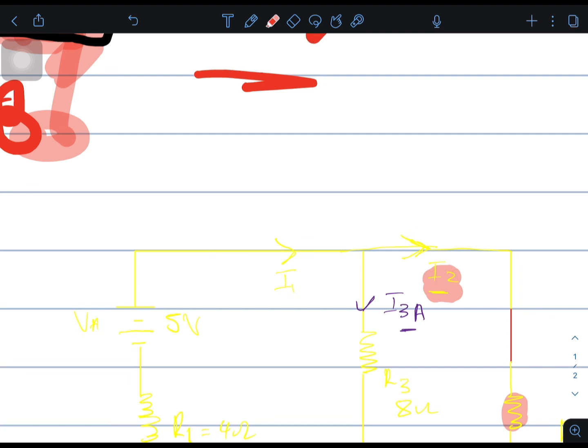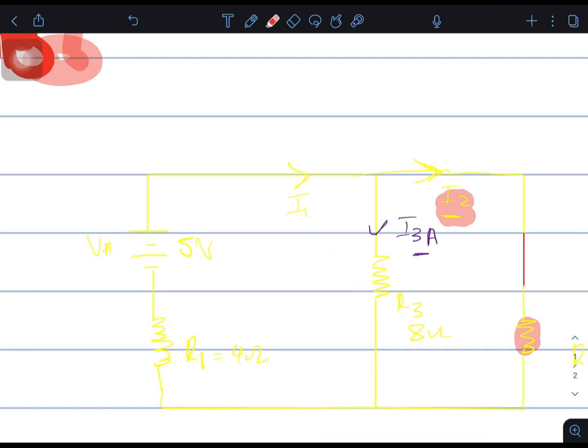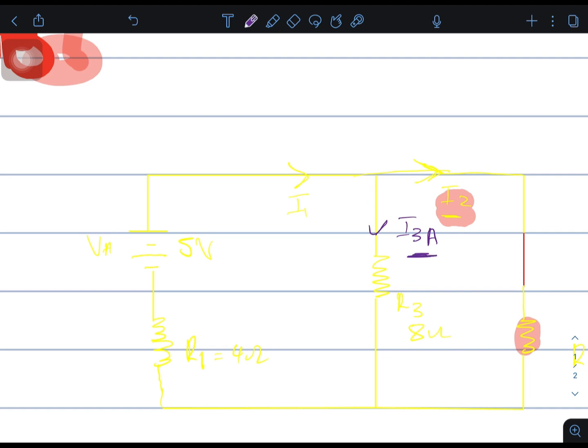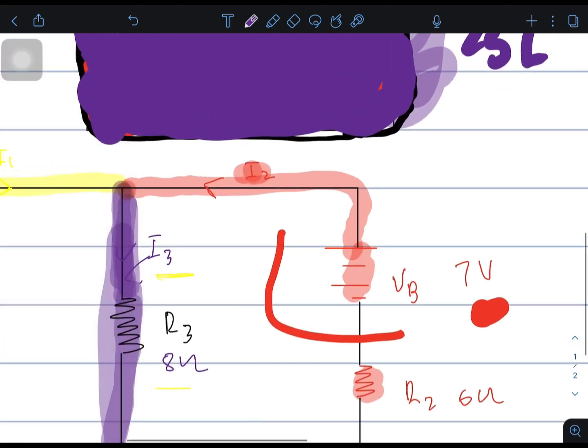Please don't be confused. The main objective here is to try and determine I3A, which gives us the amount of current that this source contributed to this branch current.